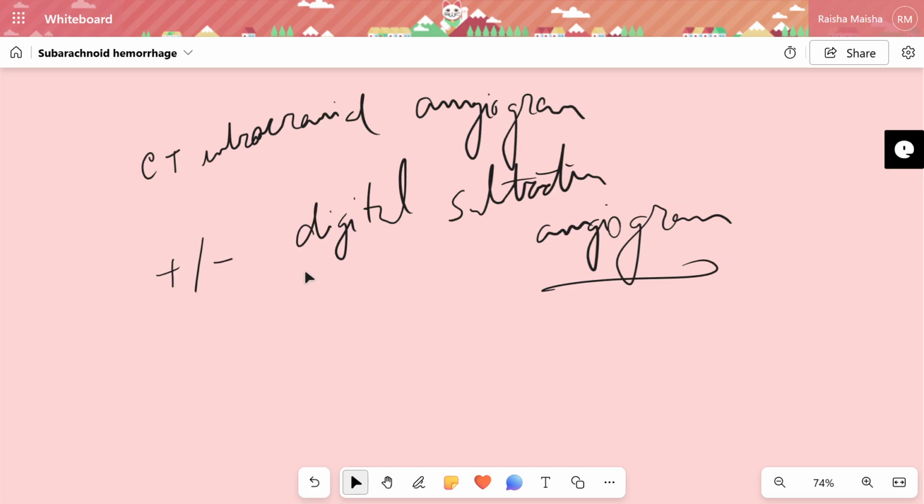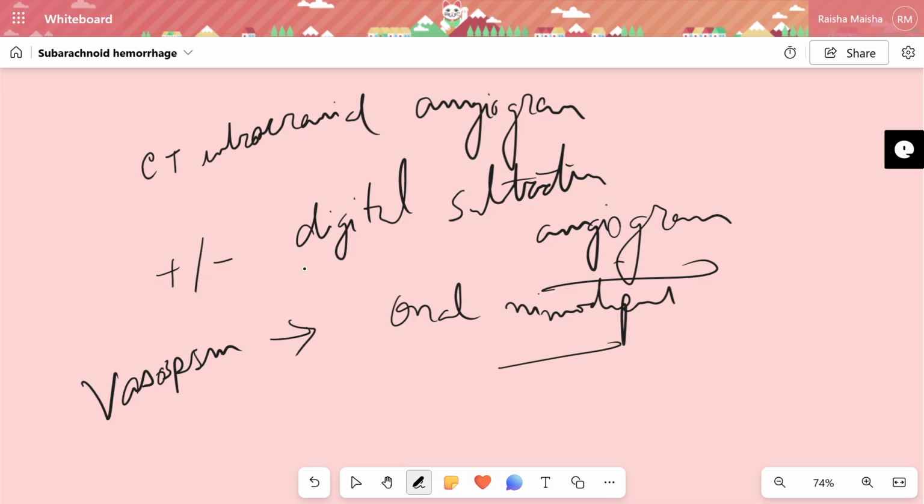And we know the management: bed rest, analgesia, venous thromboembolism prophylaxis, discontinuation of anti-thrombotics, and the most important, to prevent vasospasm. To prevent vasospasm, we can give an oral calcium channel blocker, that is oral nimodipine. An intracranial aneurysm is at risk of rebleeding and therefore requires prompt intervention, preferably within 24 hours.